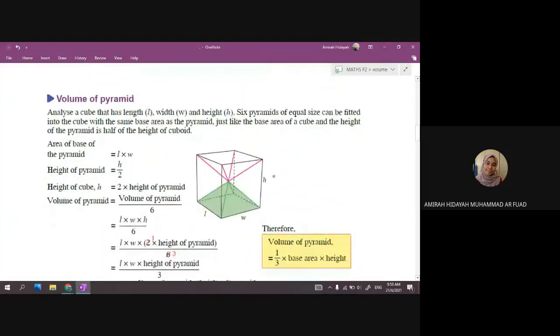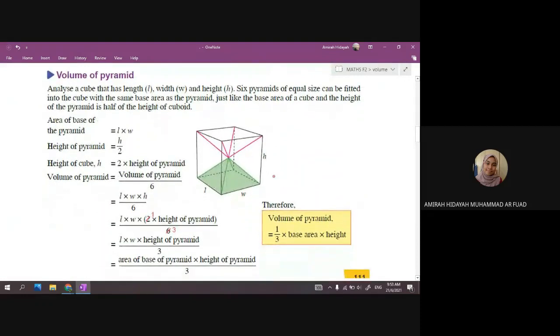Next, macam ni kita dapat volume of pyramid. Formula untuk volume of pyramid. Okay. Macam kita guna cube. Okay, so cube kita tahu dia ada length, width dengan height kan.